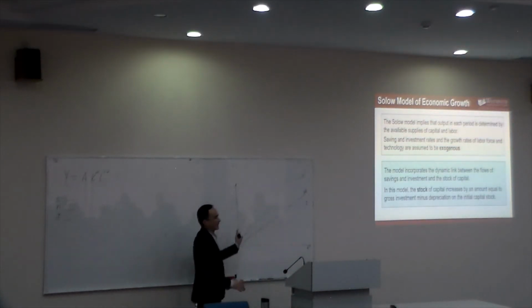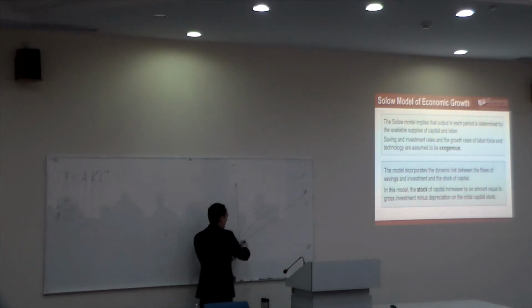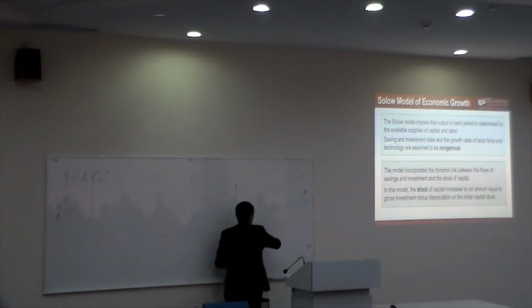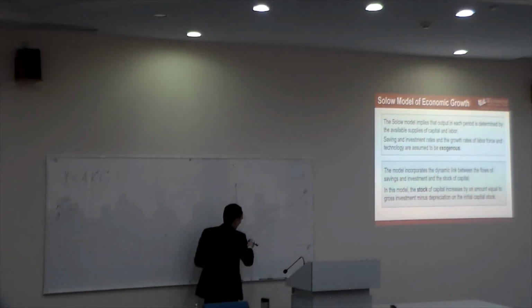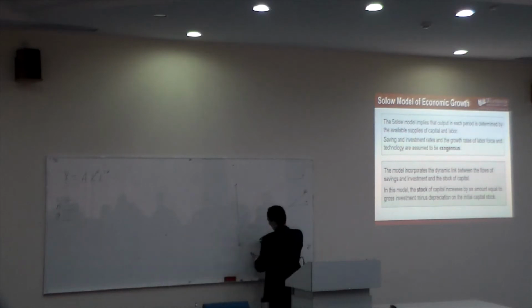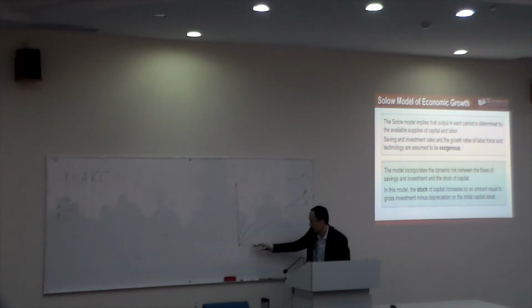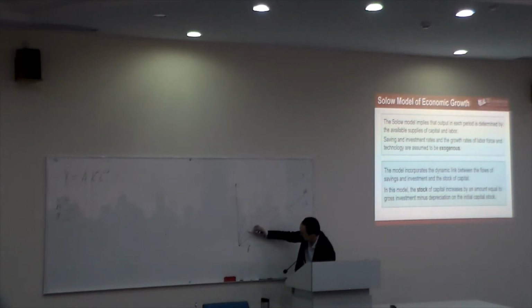We show the dynamic link because there is marginal return to capital. This is the stock of capital, let's say capital 1 given in 1 year, and how is it going to change over the years? It's per capita.